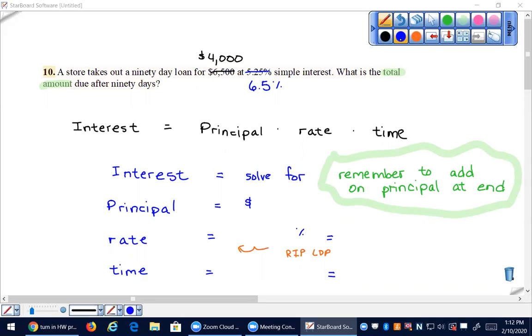Okay, 4,000, that's easy. 6.5%, so 0.065, and we have 90 days. So we need to make it years. Simple interest is all about years.